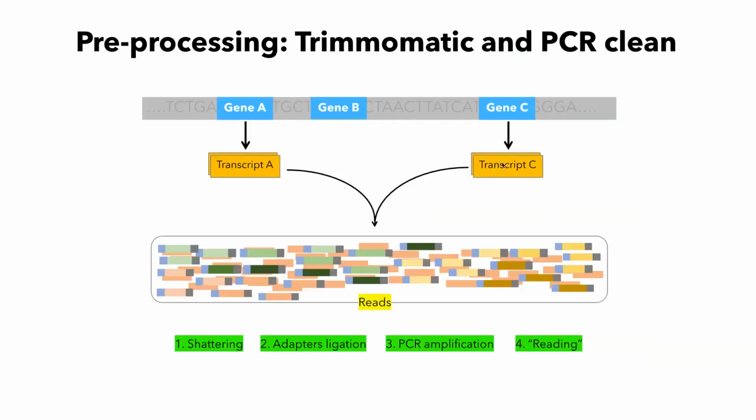These transcripts become cDNA and they're shattered into small portions, between 200 and 300 nucleotides long. And adapters are attached to those short sequences.